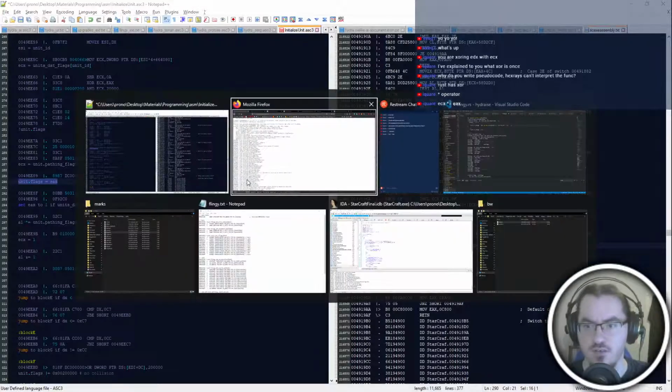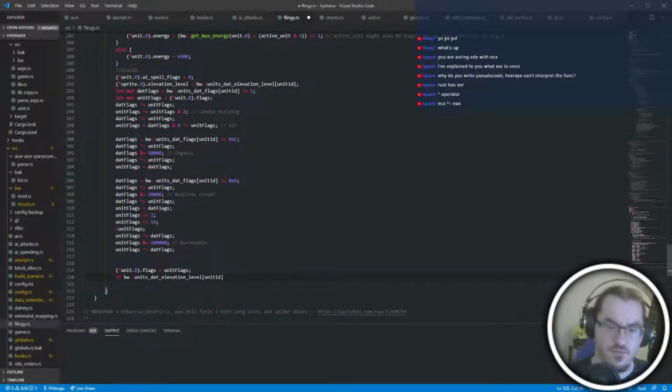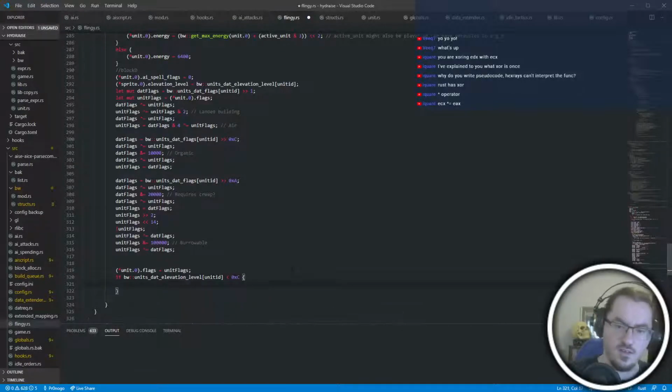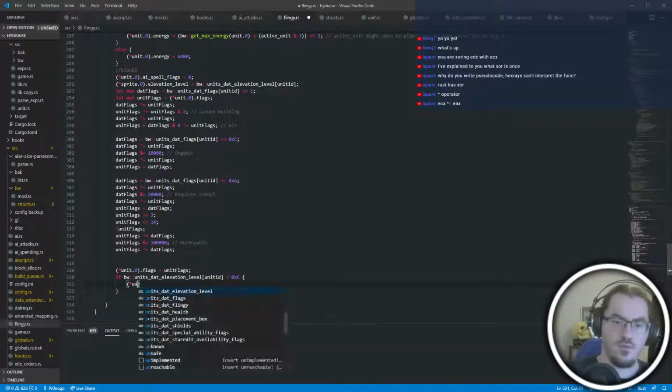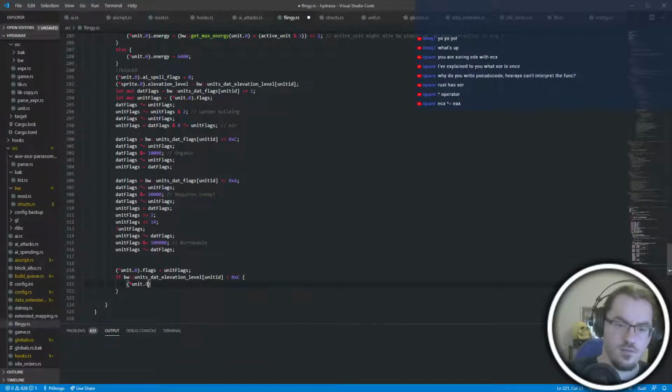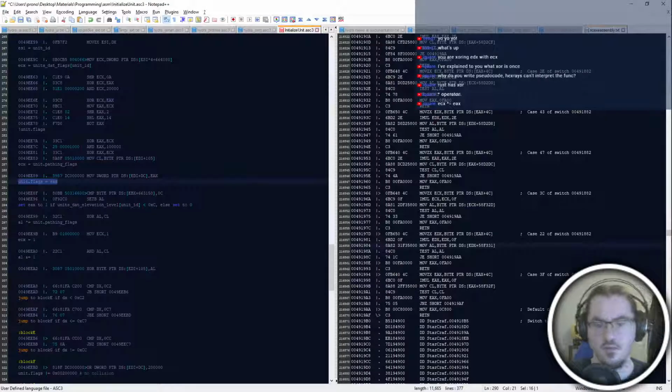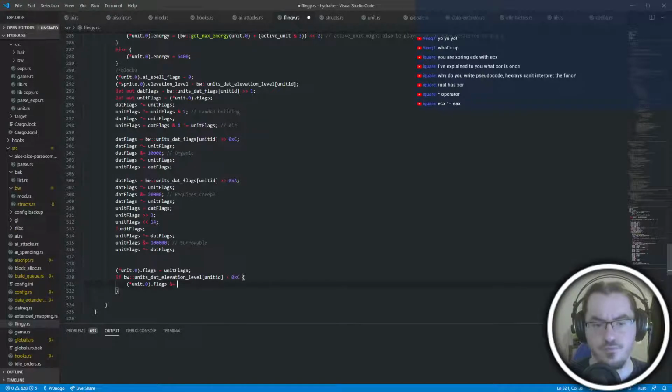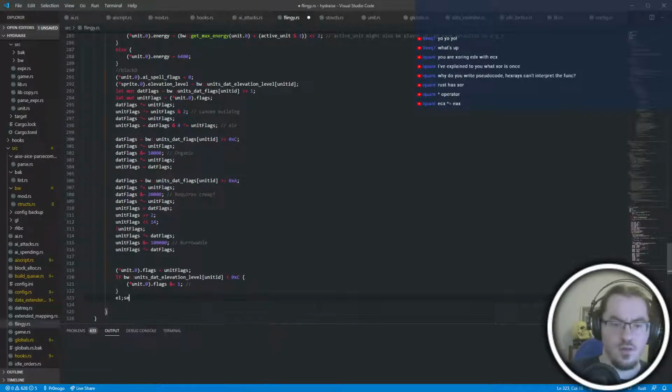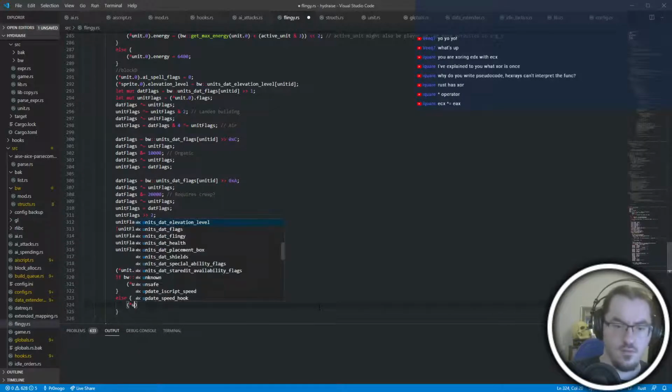So what we should be doing here is we should say if elevation level is below 0xc, unit flags 1, else 0.